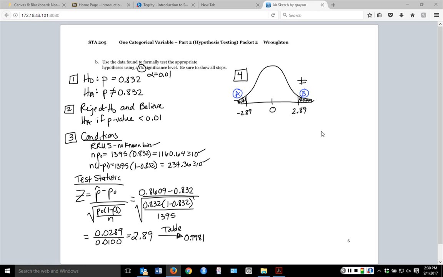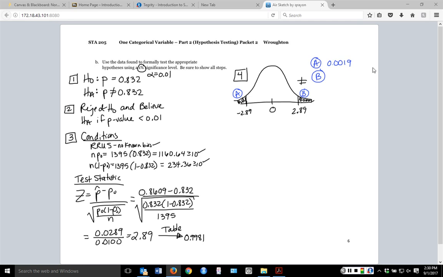So what I'm going to need is piece A. I'm going to go straight to the table and look up negative 2.89. And I find 0.0019. For piece B, that's where this is helpful to me.